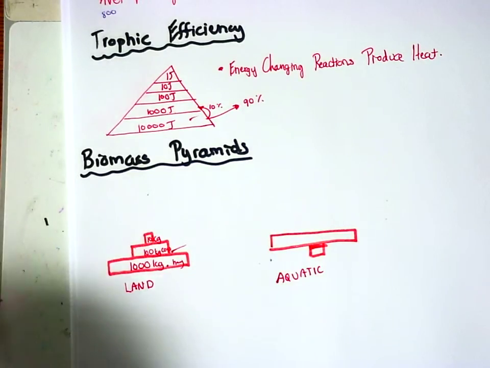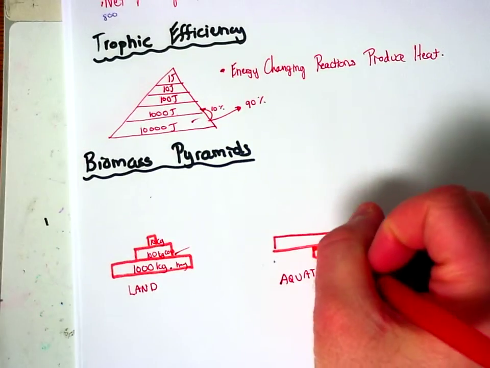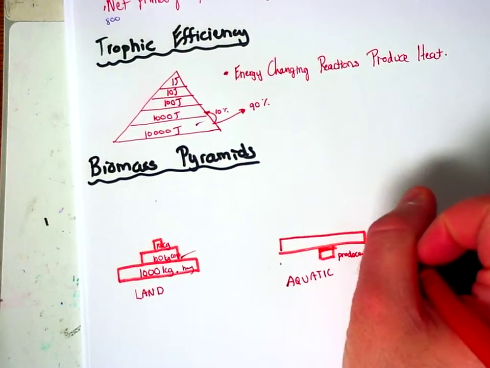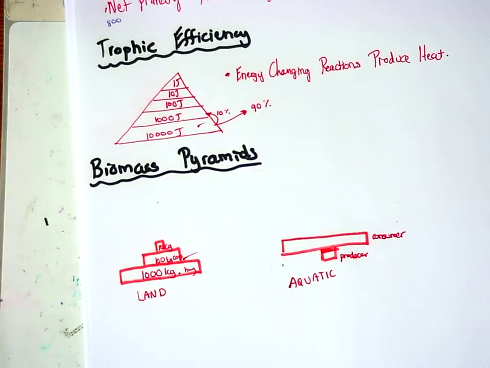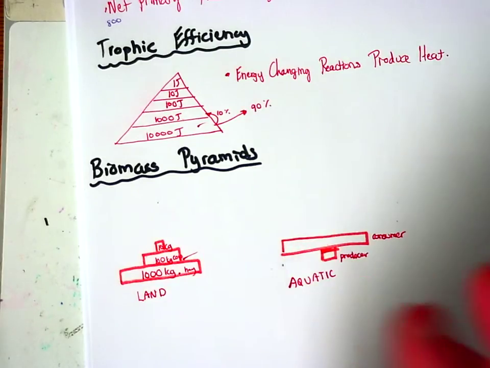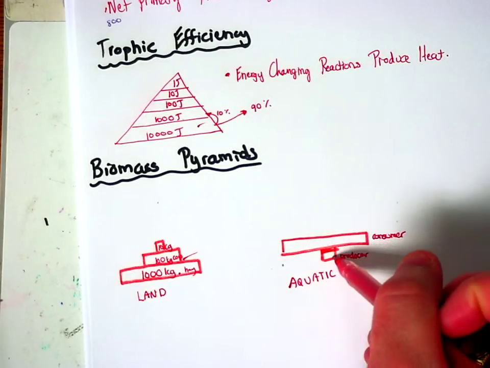Here, you still have your producer on the lower level, and you still have your consumer on the above level. Now, what's not sensible about this? Since this is measuring kilograms, a biomass pyramid, you would say you sure don't have enough.